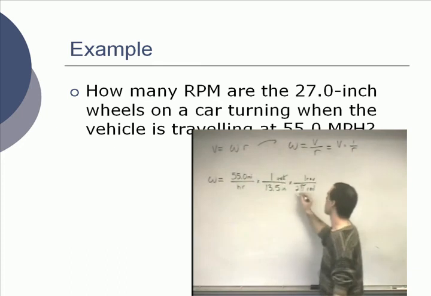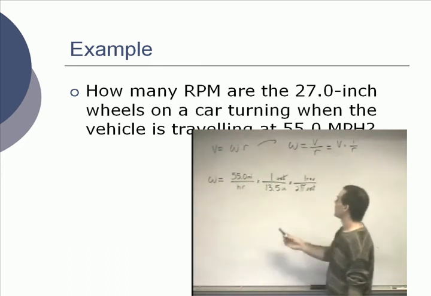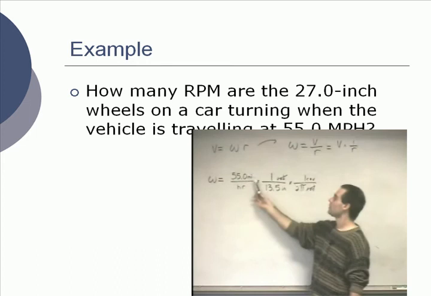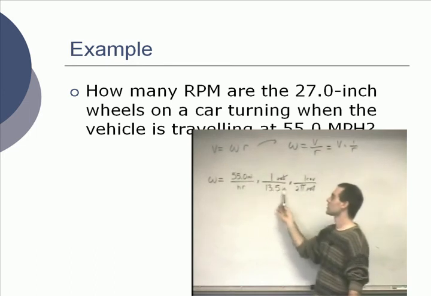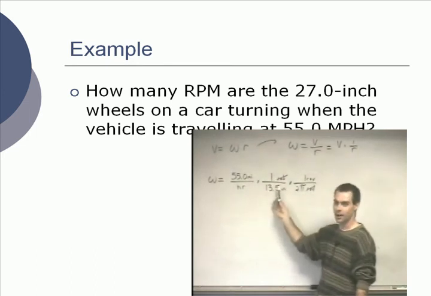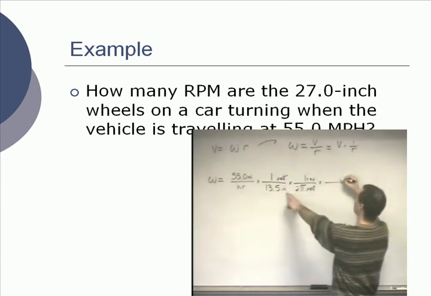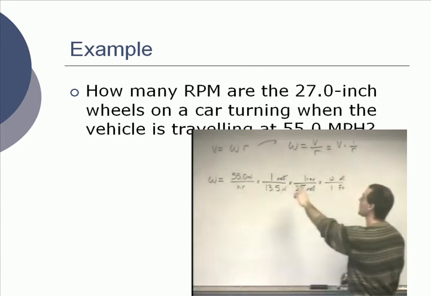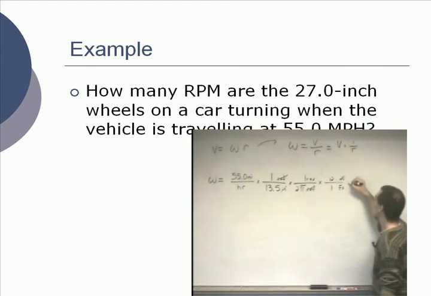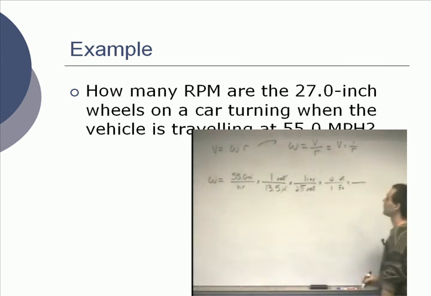So that cancels off the radians. We've got miles and inches, 2 units of distance that somehow need to cancel. We can get rid of the inches. 1 foot is 12 inches. Now we need to make feet and miles go away. One mile is 5,280 feet.